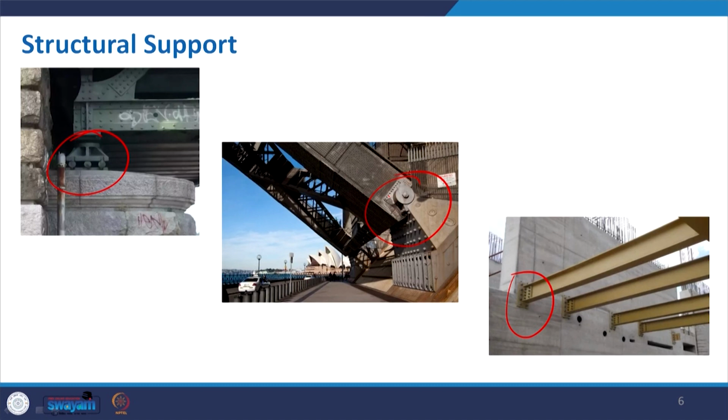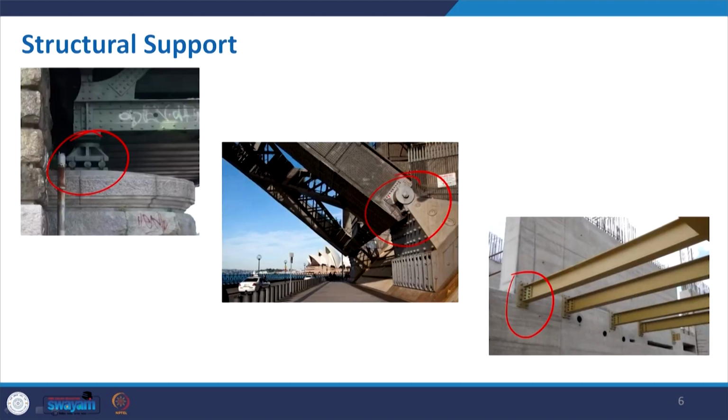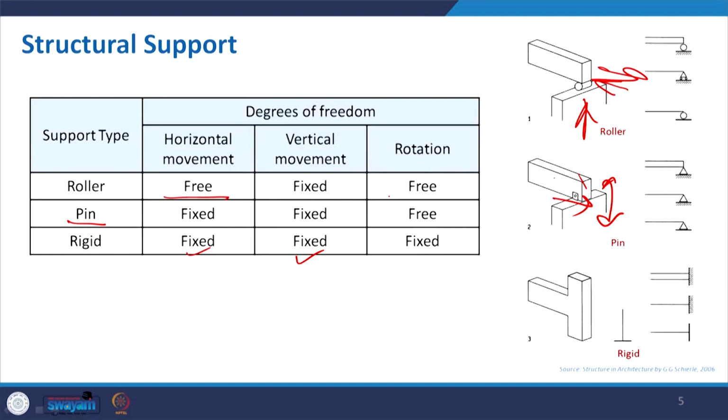So, depending on that also we will have the arrangement. In the previous slide and this slide, our main intention is to understand the types of support that we can develop and what the flexibilities are. So, where we do not want the structure to move either horizontally or vertically, or even rotate, we will go for a rigid type of support.